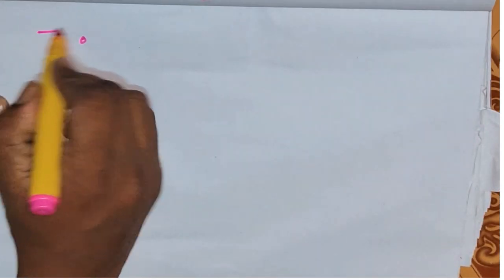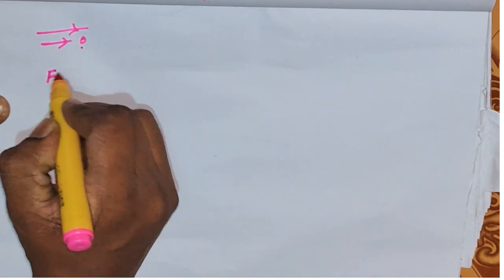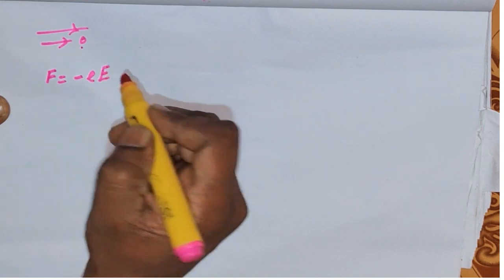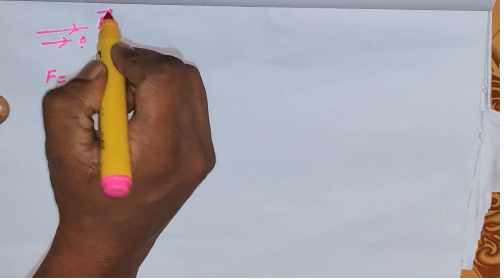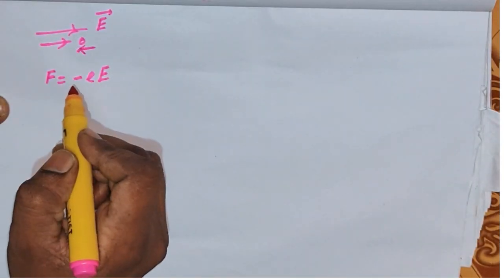When an electron is moving in a constant electric field, the force experienced by the electron is F equal to minus the charge of the electron times the external electric field. If the electric field is in this direction, the electron movement would be opposite to the external electric field.